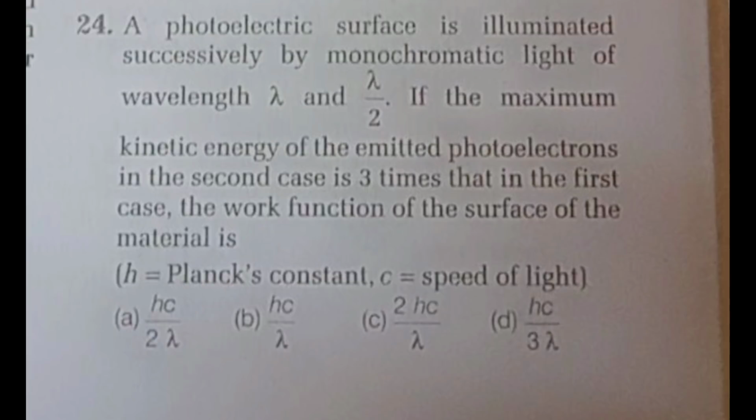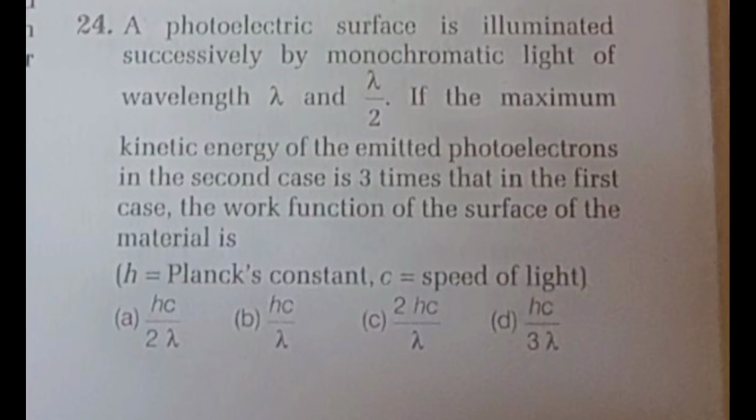The next question, a photoelectric surface is illuminated successively by monochromatic light of wavelength lambda and lambda by 2. If the maximum kinetic energy of the emitted photoelectron in the second case is 3 times that in the first case, the work function of the surface of the material is.